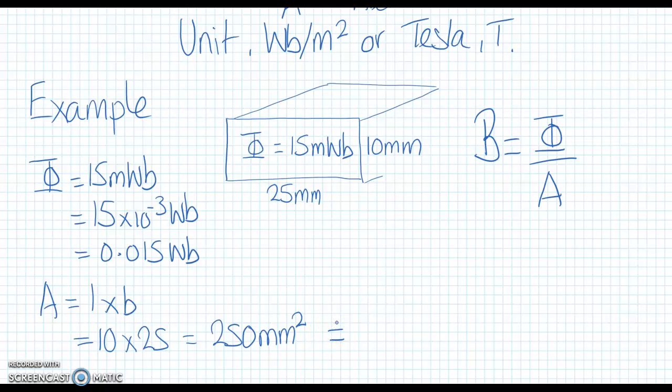To convert that to metres squared, milli is minus 3, plus minus 3 because it's squared. So the actual equivalent area in metres is 250 times 10 to the minus 6 metres squared.